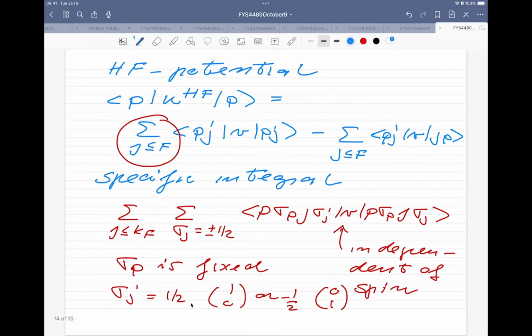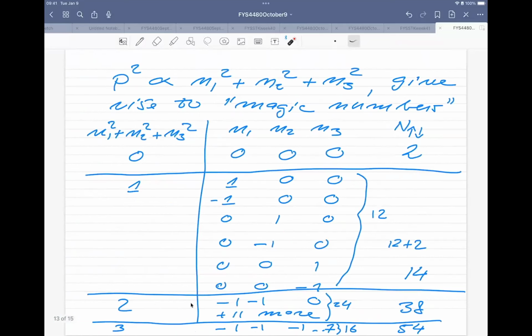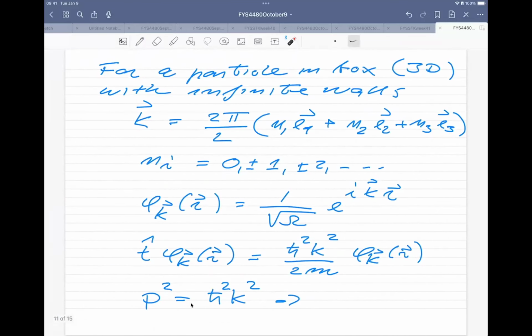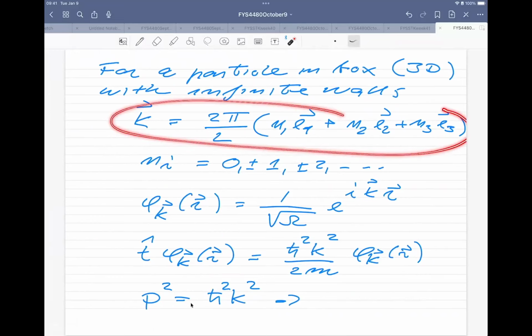So keep in mind, I'm going back a little bit. What I've done is to break down this summation in a spin part, and a part where the summation over Jk loops over these n values. The k values are given by the n values, right?